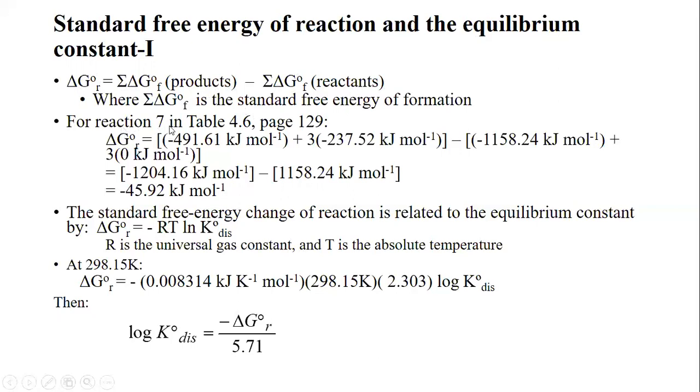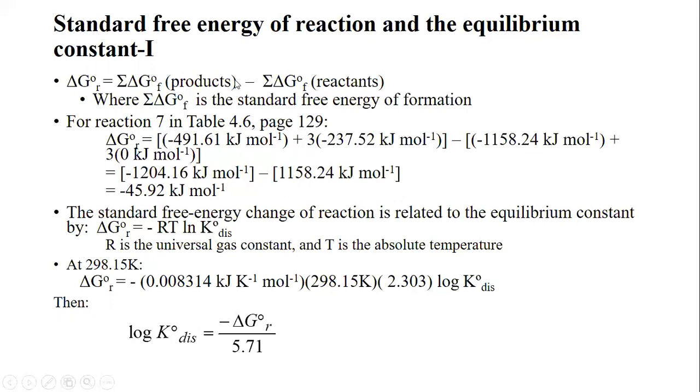For reaction 7 in table 4.6, page 129 in your textbook, delta G0 of the reaction equals, just like we have done, you go through the products minus the reactants, look at the table, look at the numbers you have, and you can see where we get all these numbers from. I'm not going to go through each one of them. It's very simple mathematics.